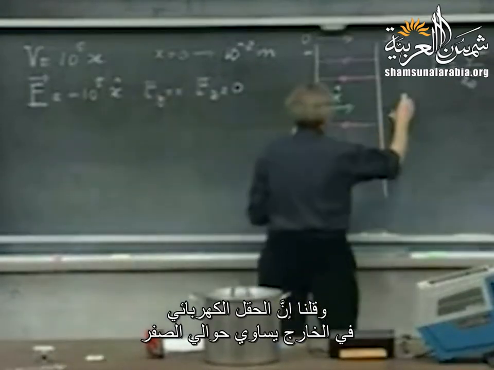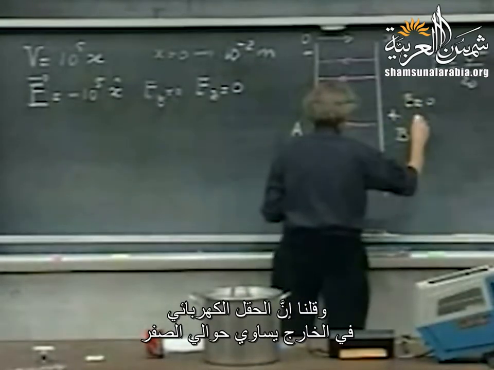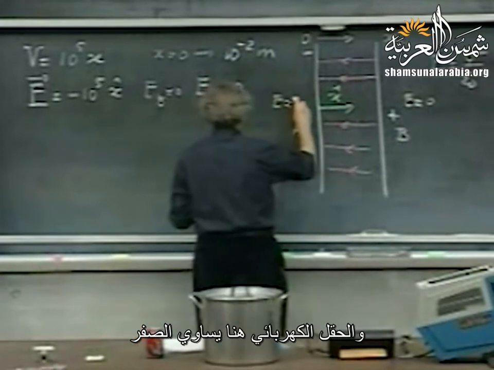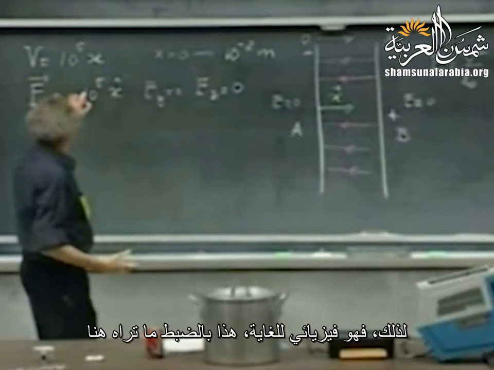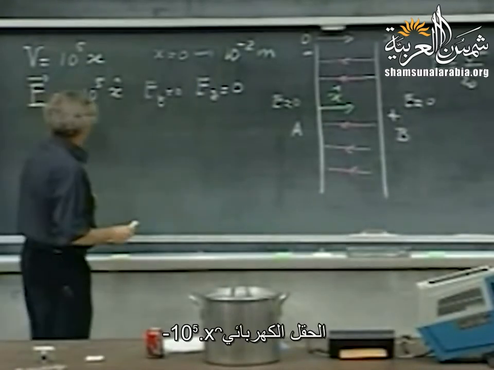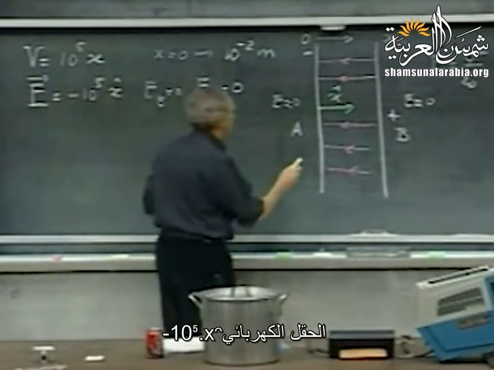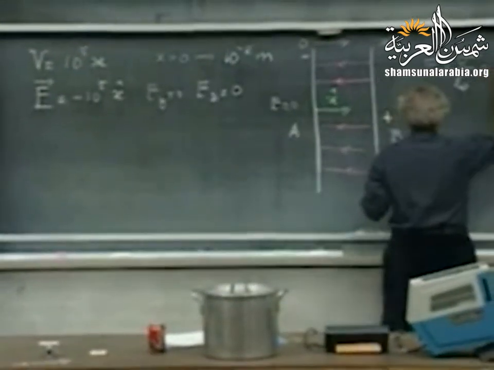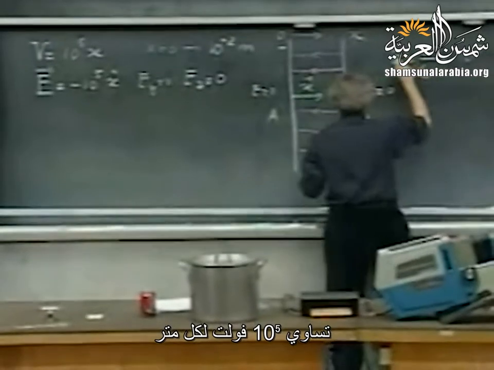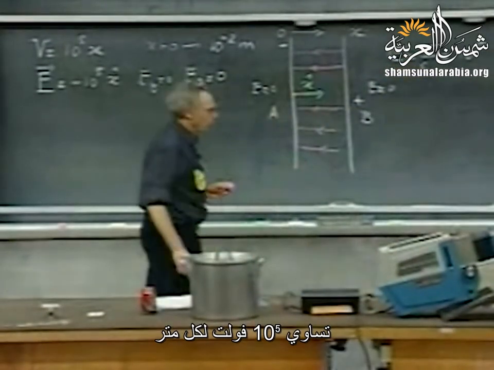And we argued that the electric field outside was about 0, and that the electric field outside here was about 0. So it's extremely physical. This is exactly what you see here. The electric field is minus 10 to the 5th times x roof. So the magnitude of this electric field here is 10 to the 5th volts per meter.